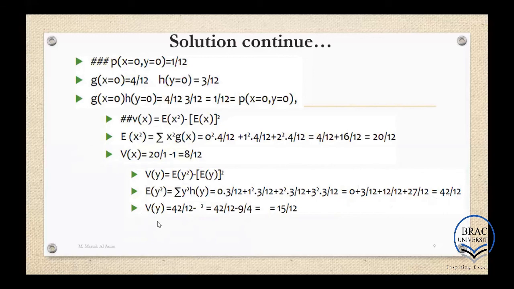So the variance of y is finally 15 over 12. Our final task is to find the variance of x minus twice y. That means we can write variance of x plus 2 square times variance of y. So it is 68 over 12.